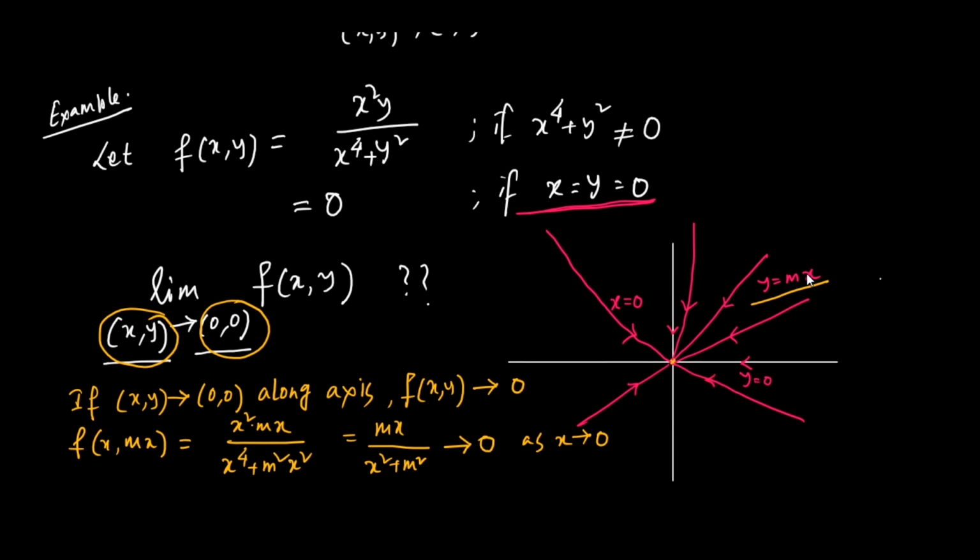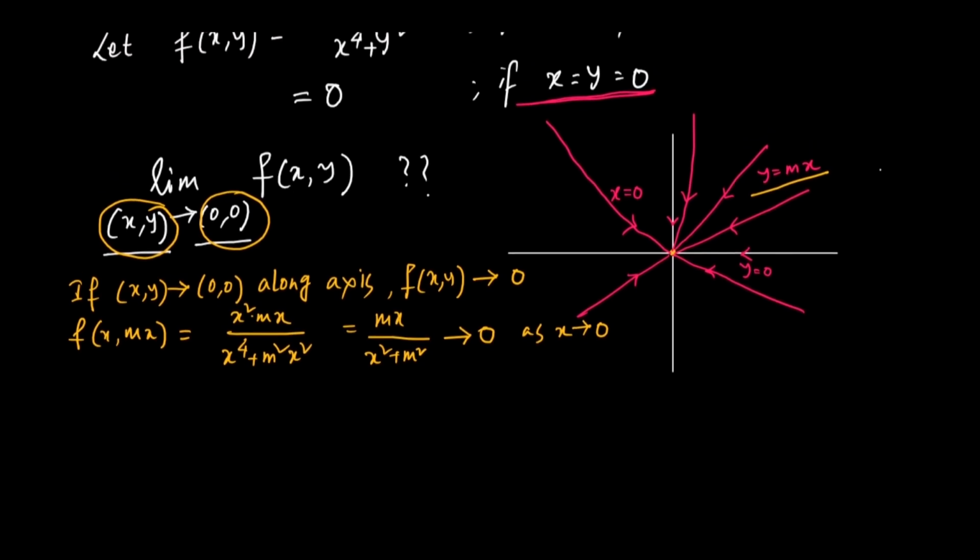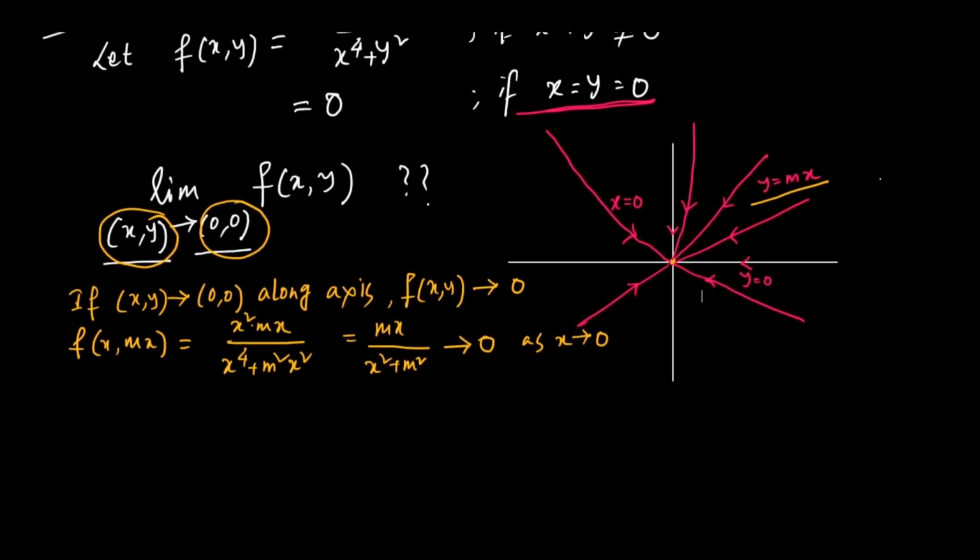Remember these are all lines, my drawing skill is pretty poor, these are all y equal to mx for different values of m. So whatever be your line, if the point approaches the origin along all these paths, then the function will tend to 0, as this shows.